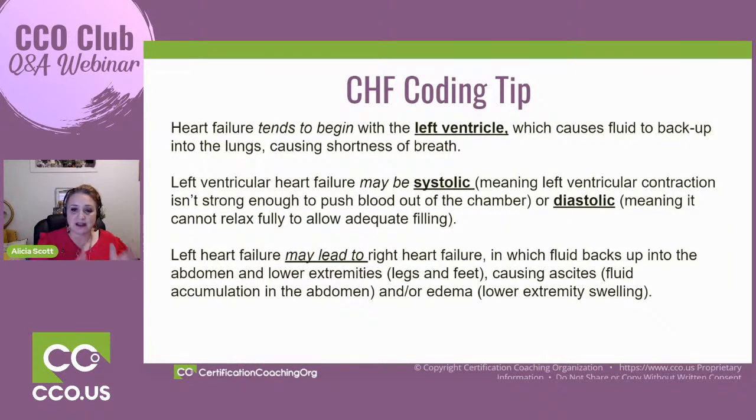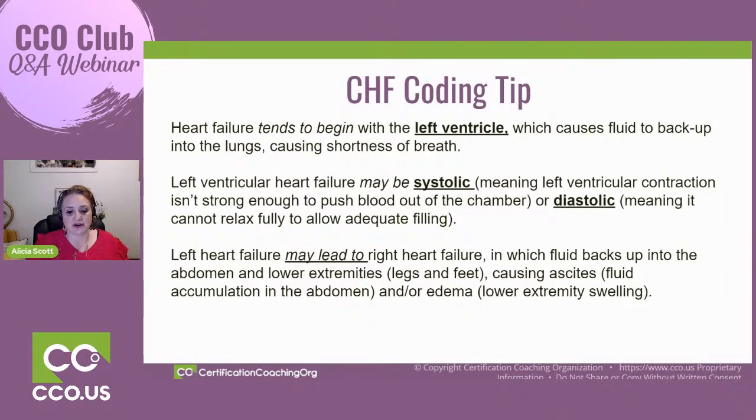So we start in the left, the ventricle loses the ability to push that fluid, the blood. We don't have the strength anymore to push the fluid, and then we don't have the ability to open back up so that it can suck it on through the rest of the way through the heart, which wears out the right side of the heart.